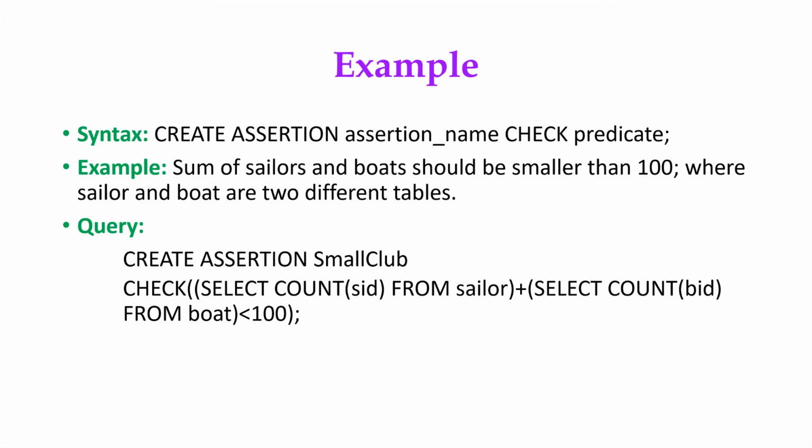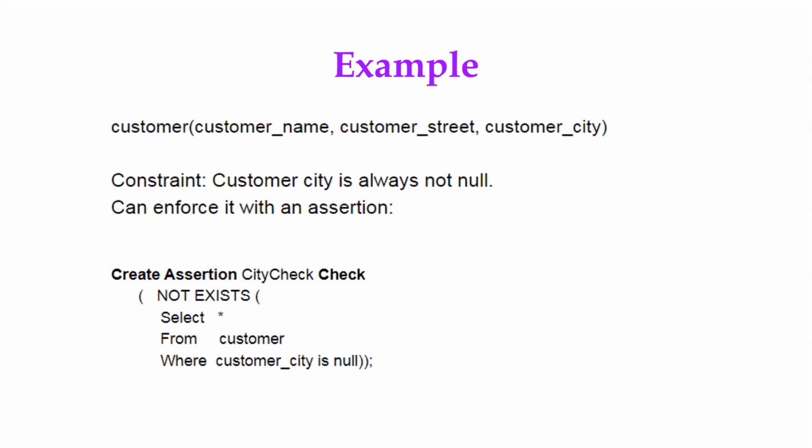Another example: customer is one relation with attributes customer name, customer street and customer city. My constraint is that customer city should not be null. I can enforce this constraint with the help of an assertion: create assertion city check. City check is the name of the assertion. Then I check the predicate: not exists (select star from customer where customer city is null).